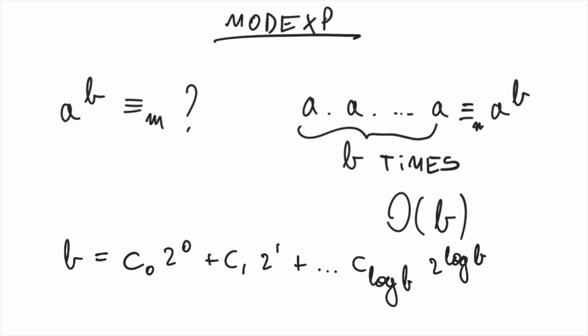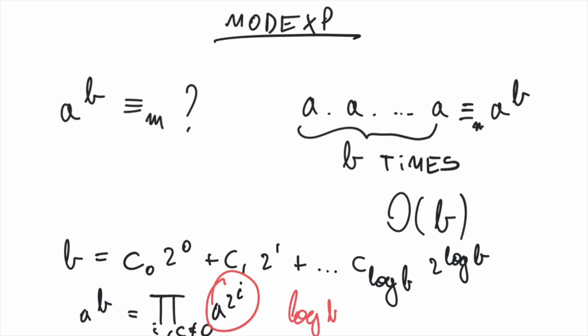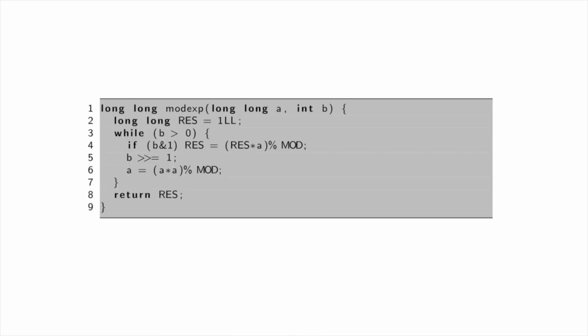Now, with this expression, if you plug in a to the b, you end up with a product over the i's with c's different from 0 of a to the 2 to the i. And the key point here is that these are only log b numbers, so our algorithm is O of log b.